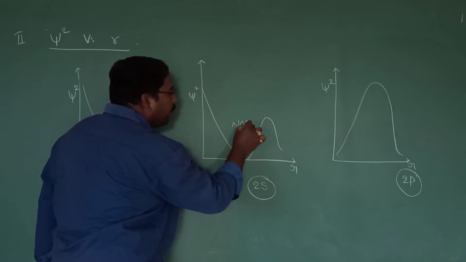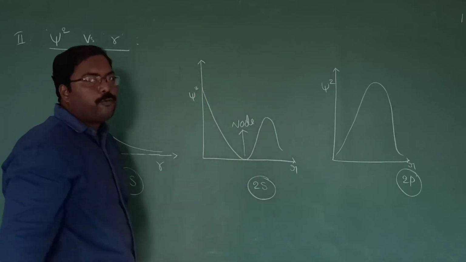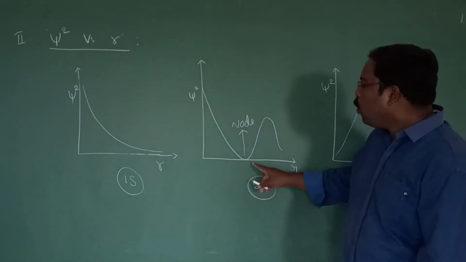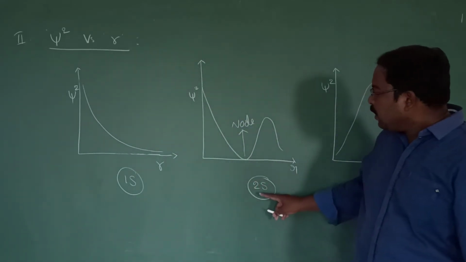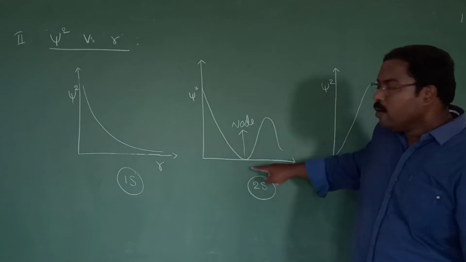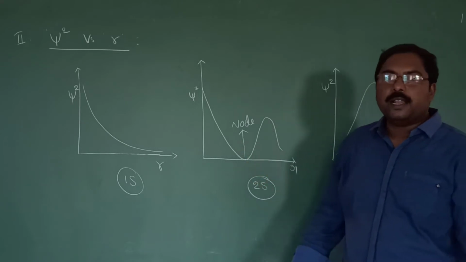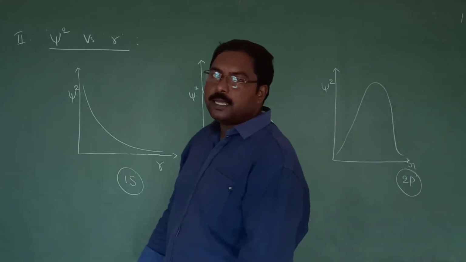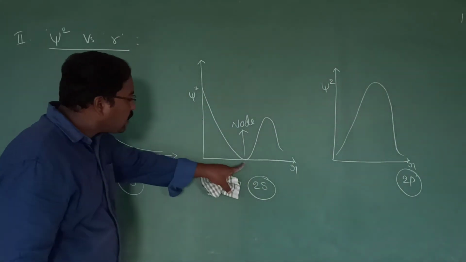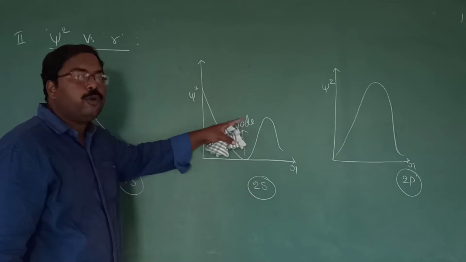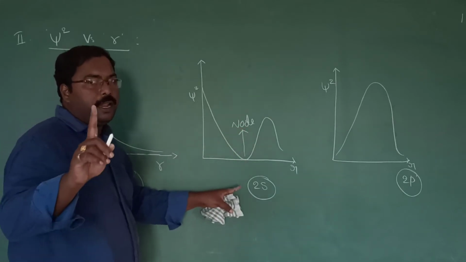That region where the probability of finding the electron is 0 is known as a node. Okay? So if they ask how many nodal regions are there for the 2s orbital, how much will you answer? One time it is touching this line, so the number of nodes is 1.